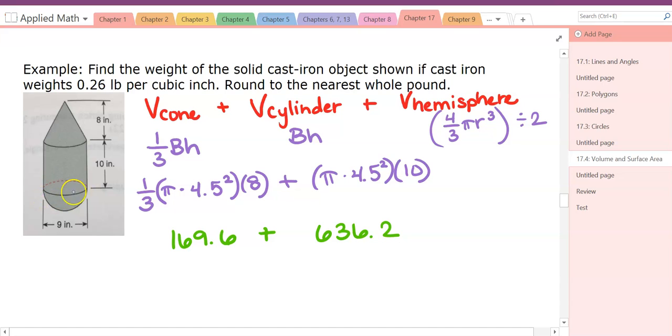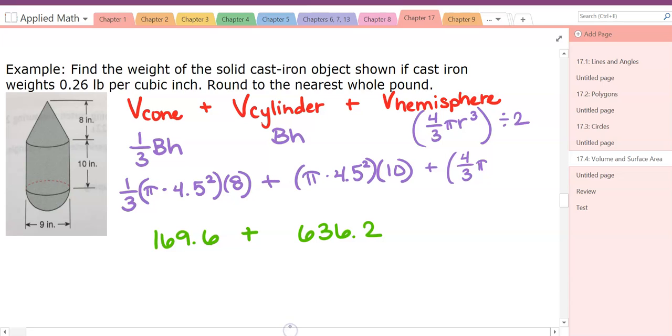Now a hemisphere, like we talked about, has a circle there. So you still need to figure out the radius of the circle, which we've used in the previous two formulas. What number is the radius of my circle? 4.5.